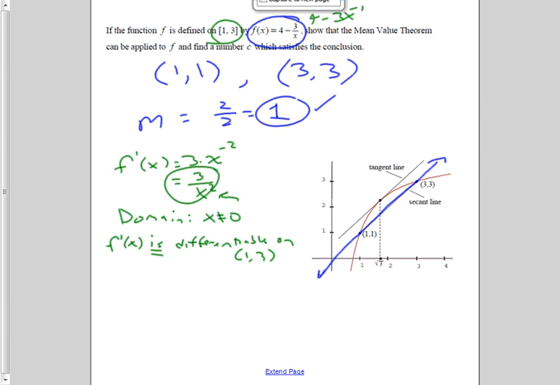So then we want to say, when does my derivative, 3 over x squared, equal 1? Solving that, we get 3 equals x squared, or x equals plus or minus root 3. Since we're looking between 1 and 3, it's just the square root of 3.